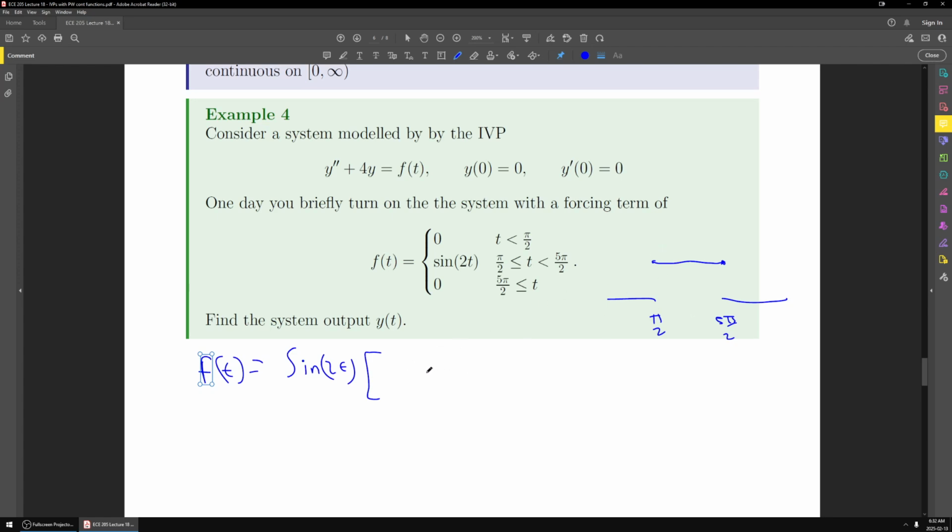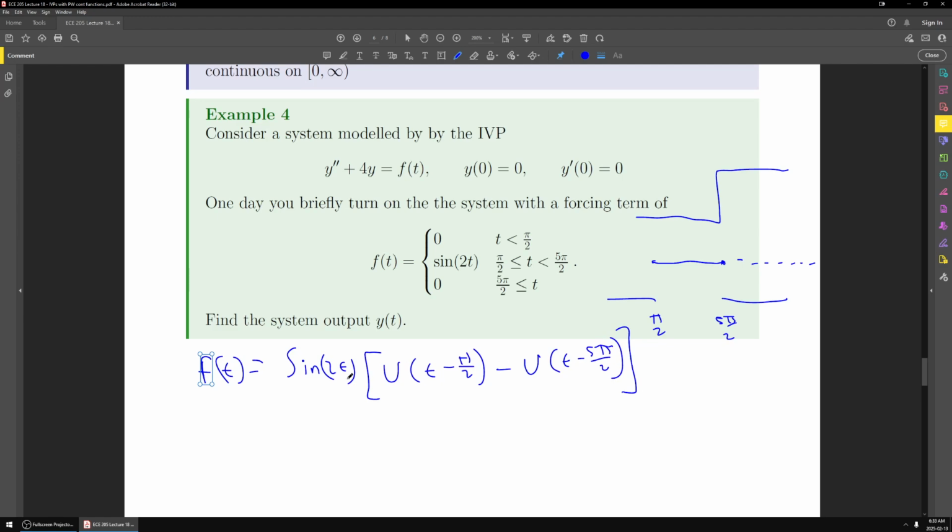To turn this on, I use u of t minus pi over 2. This function is 0 and then stays on forever. Now I want to turn it off, so I can subtract off a Heaviside function that starts at this point, the Heaviside function that is 0 and then jumps up. So this would be u of t minus 5 pi over 2.